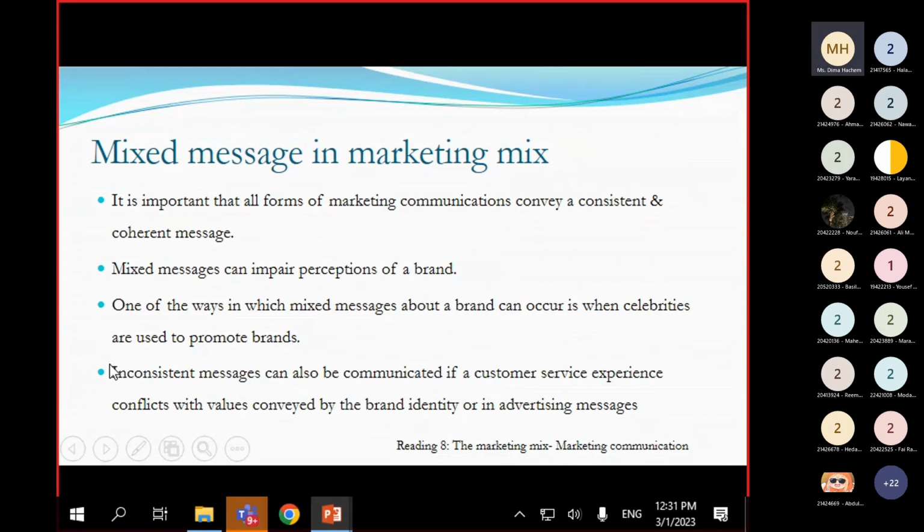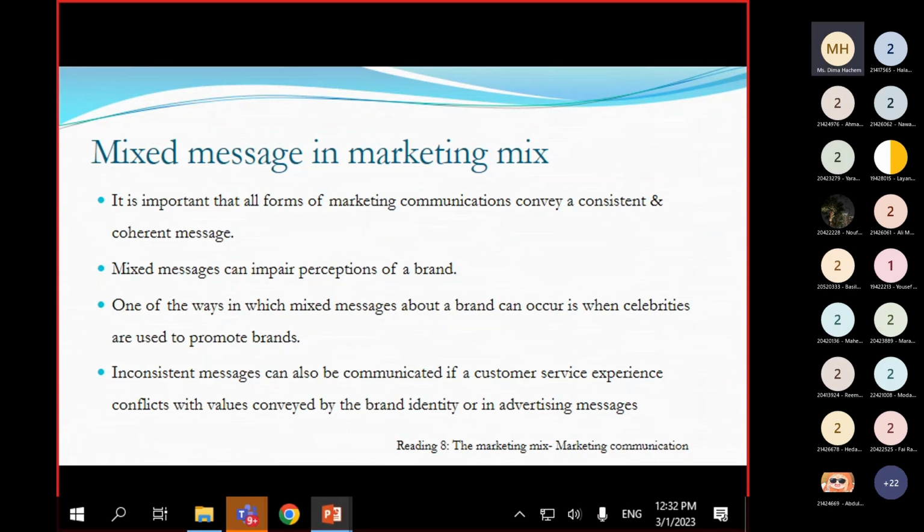So it's also important that all these techniques convey a similar message. You don't want your ad to convey a message and then your salesperson will come and change this message. The consumer in this case will be confused. All right? The consumer will not have the same type of messages being sent to him or her, and they will be confused. So make sure that all the communication techniques follow the same strategy, a similar message that is being sent.